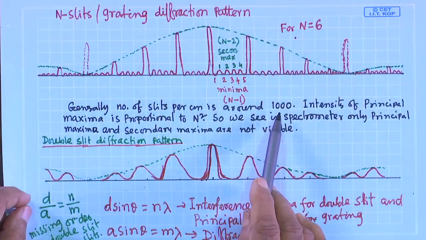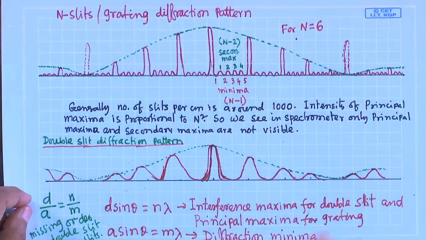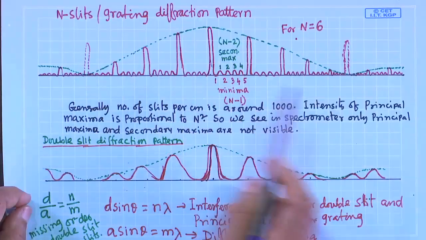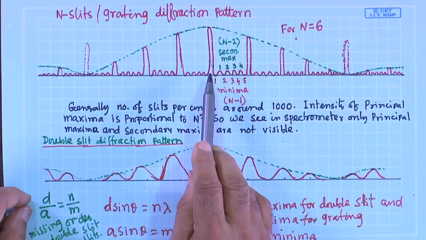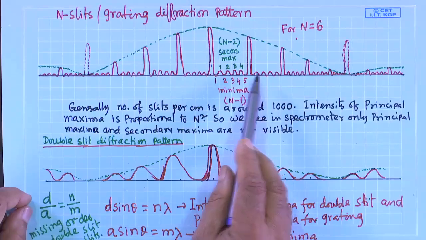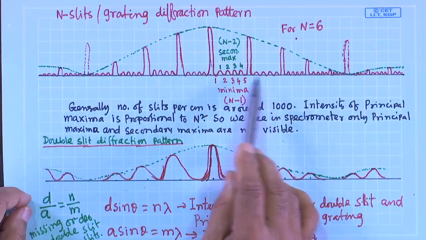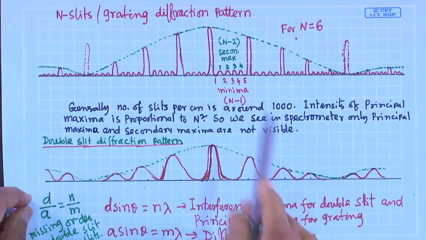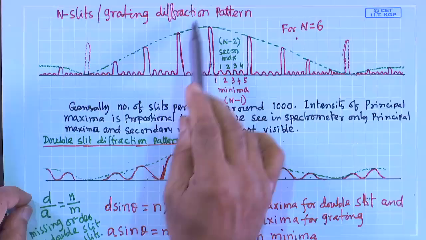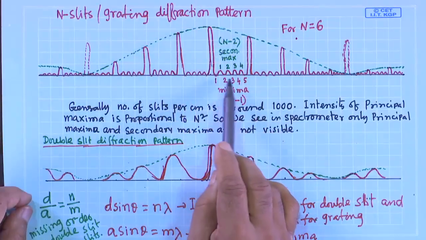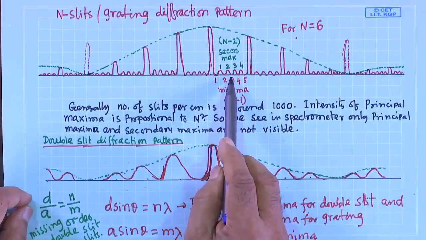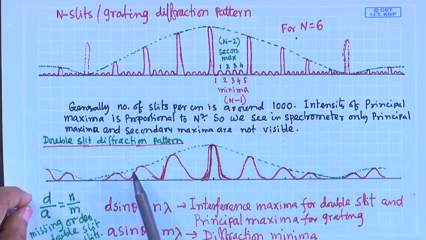Now imagine 1000 slits: you will get many principal maxima, and most of the intensity will be occupied by the principal maxima. In between, the secondary maxima are very weak compared to the intensity of the principal maxima, and if the slit number is higher, they will be even weaker. So, we will not be able to see them.